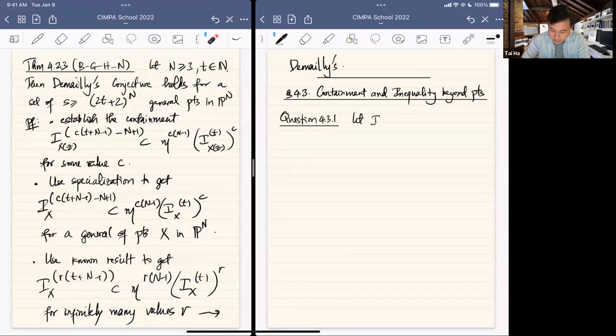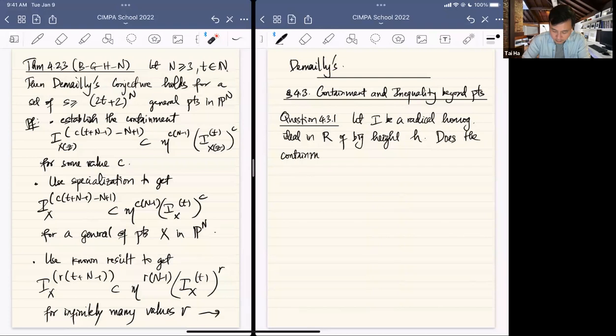is: let I be a radical homogeneous ideal in R of big height H. Does the containment I to the (rt plus h minus 1) contained in m to the (r)(h minus 1) times I to the t hold for r large enough?